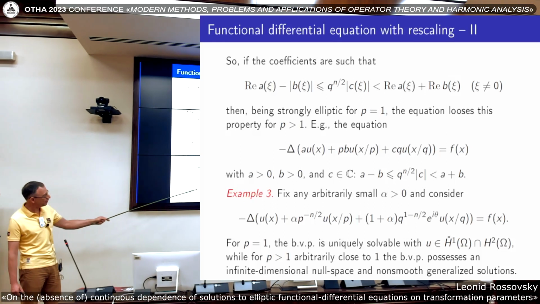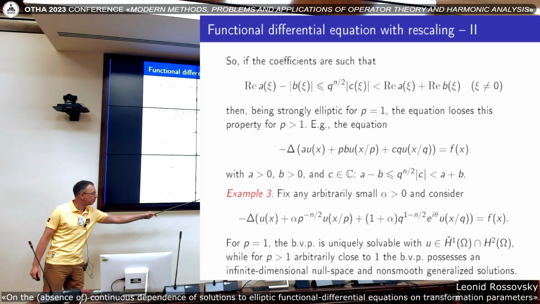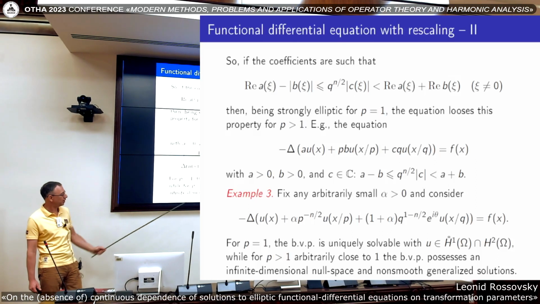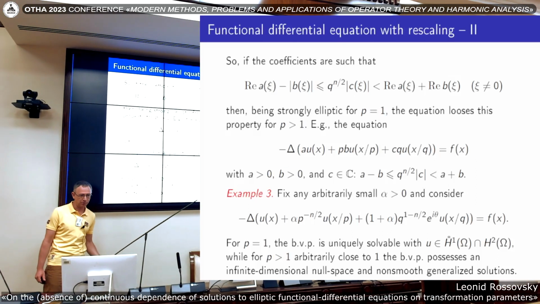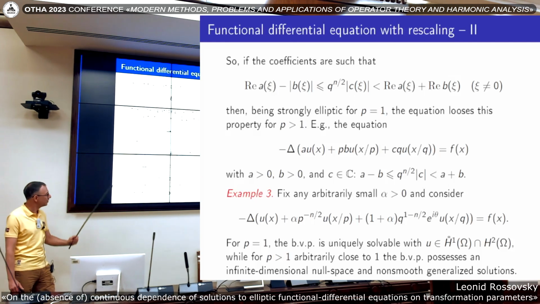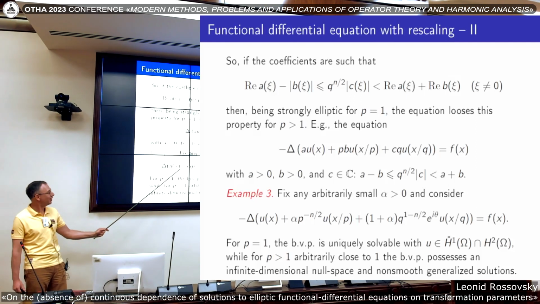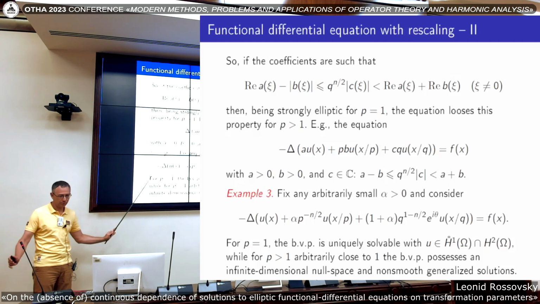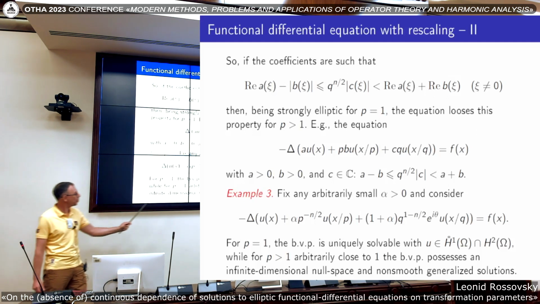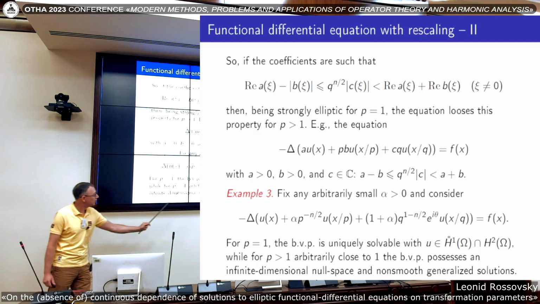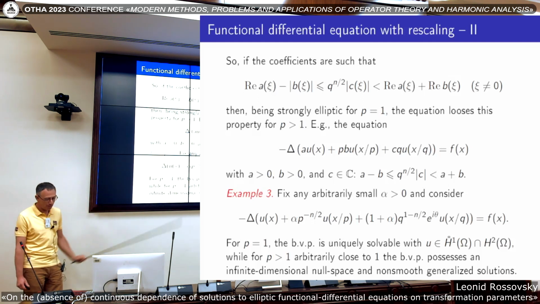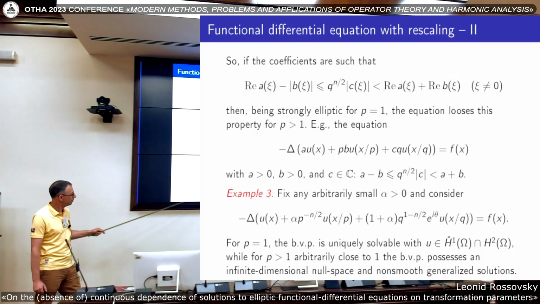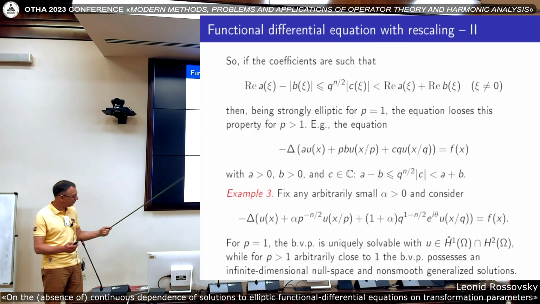While for P greater than 1, arbitrarily close to 1, the boundary value problem possesses an infinite dimensional null space and non-smooth generalized solutions. And this is in the case where alpha is arbitrarily small. So just the presence of this term with an arbitrarily small coefficient leads to this effect.